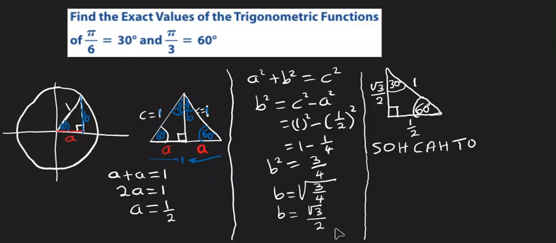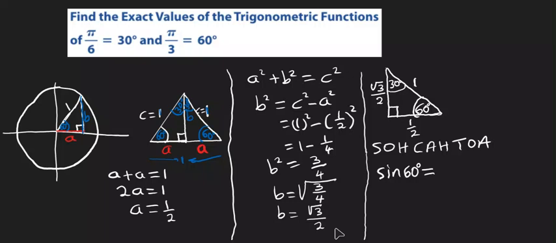SOHCAHTOA. I want us to find trigonometric functions. Let's start with sine 60 degrees. Sine 60 degrees will be equal to the opposite over hypotenuse.